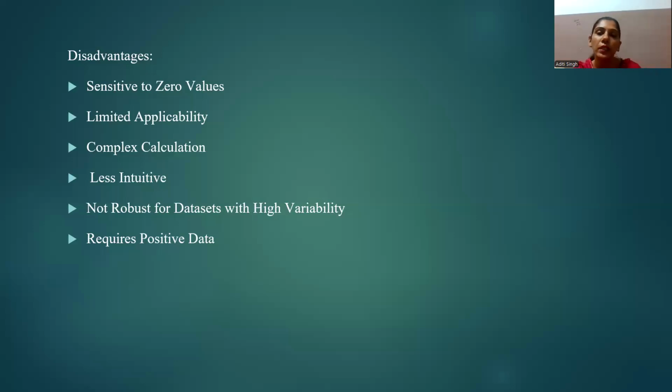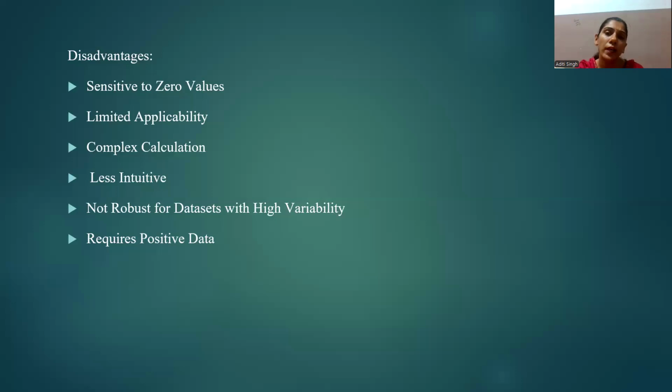Similarly, harmonic mean cannot be used if the data set contains zero values, as it provides a calculation which is undefined. Okay, so the harmonic mean is basically highly sensitive to the zero value, because the reciprocal of zero is undefined. As in calculating the harmonic mean, we have to take the reciprocal of the given data series, and when there is a zero value, the reciprocal of zero is undefined.